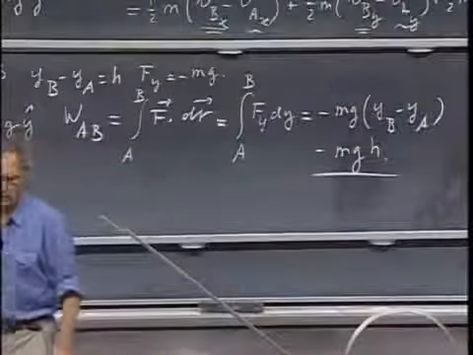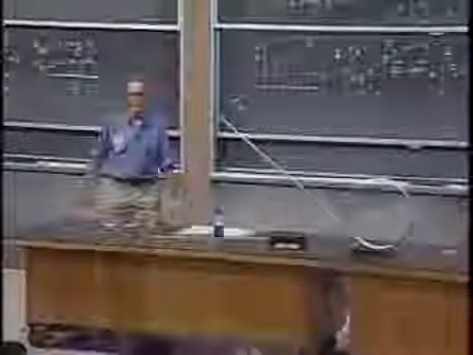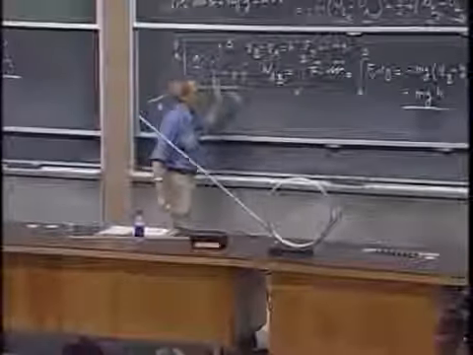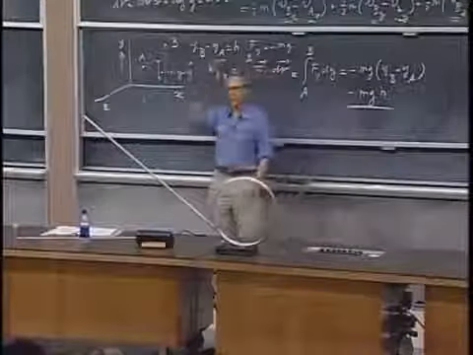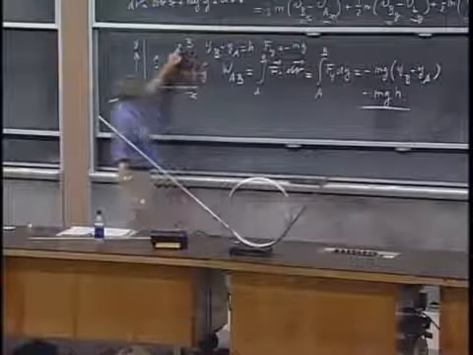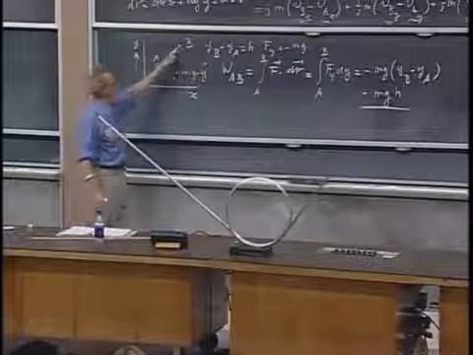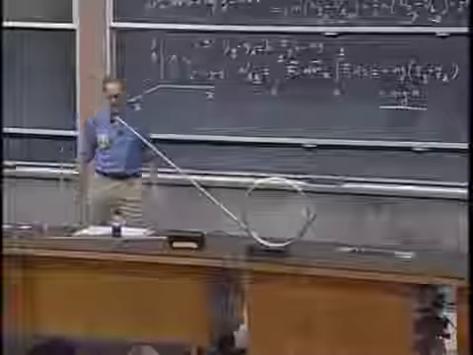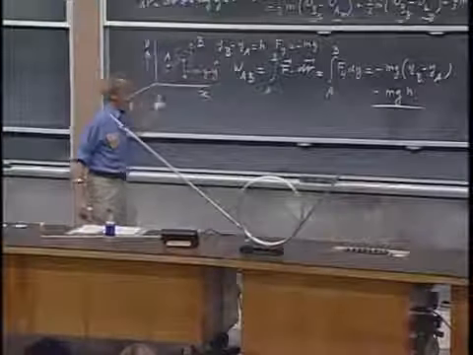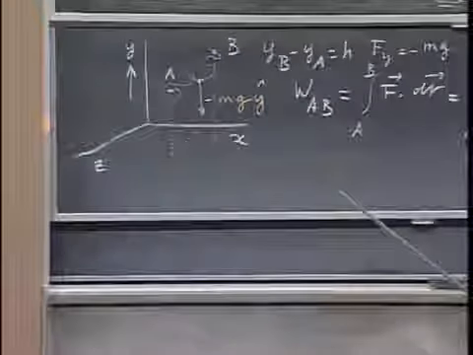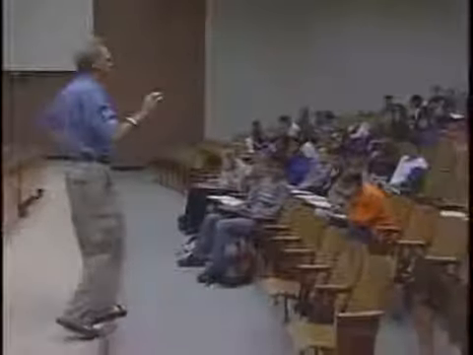And what you see here is that it is completely independent of the path that I have chosen. It doesn't matter how I move. The only thing that matters is the difference in height between point A and point B. H could be larger than 0 if B is above A. It could be smaller than 0 if B is below A. It could be equal to 0 if B has the same height as A. Whenever the work that is done by a force is independent of its path, is only determined by the starting point and the end point, that force is called a conservative force.